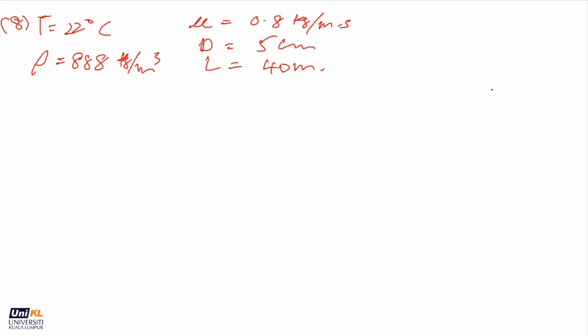The pressure at the inlet and outlet are measured to be pressure inlet 745 kilopascal, pressure outlet 97 kilopascal. Determine the flow rate of oil.